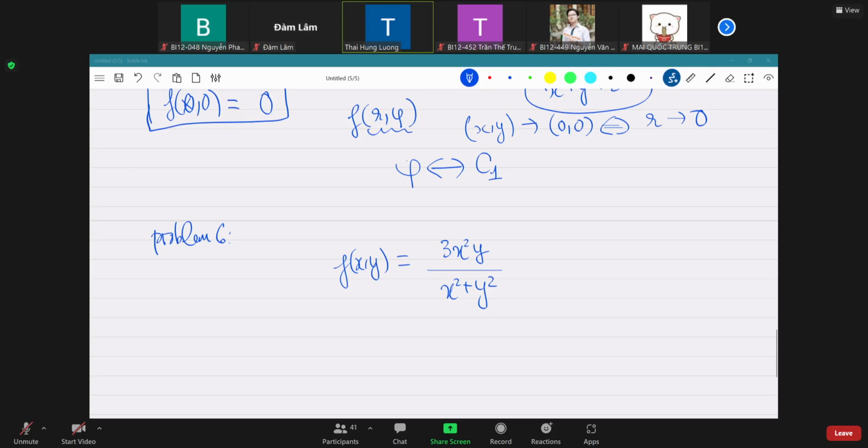It's very similar to the previous problem. You should use one of the two methods I mentioned to find the limit of a function when x, y tend to 0, 0.